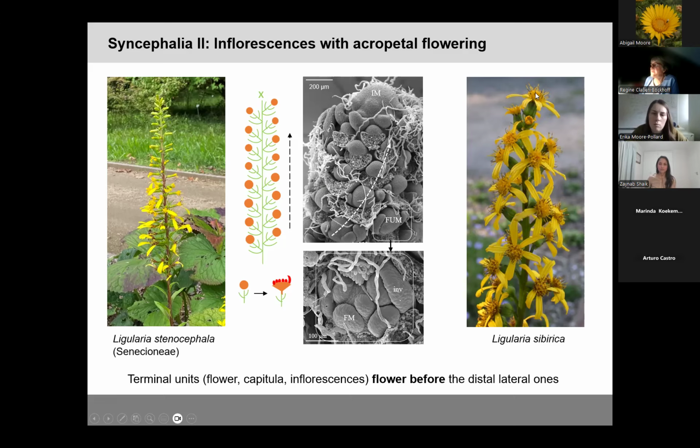So we see that flowering and development follow the branch order, so this one is in advance compared to the lateral ones. And this is a general feature in closed inflorescences, that the terminal unit, irrespective of whether it's a flower or a capitulum or an inflorescence, usually develops in advance compared to the distal ones.